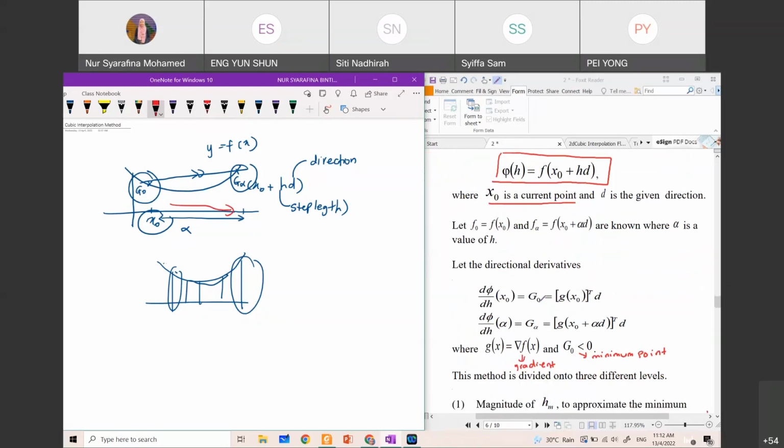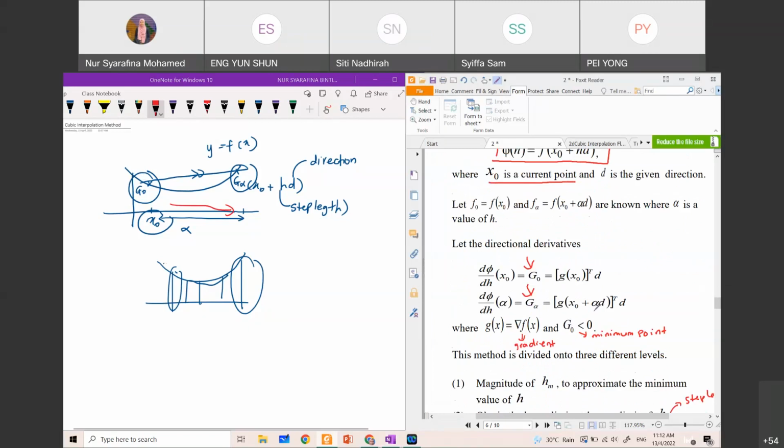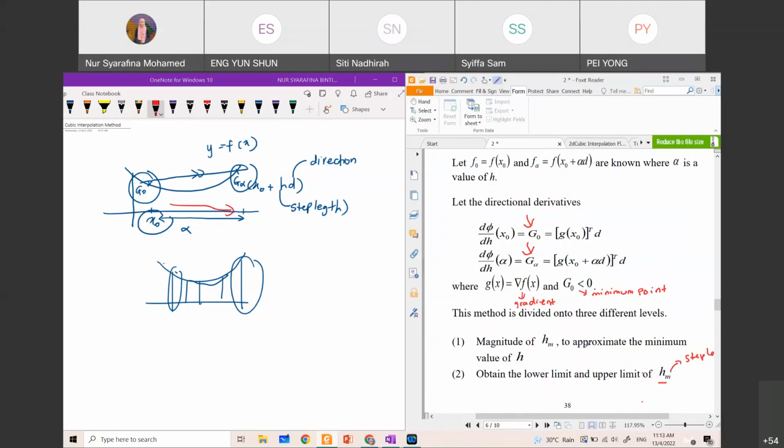Then we can find the gradient by differentiating the function. We can find the gradient g0 and g alpha, where g(x) is the gradient of f, and g0 should be less than 0 to reach the minimum point. Now, how can we operate this method?